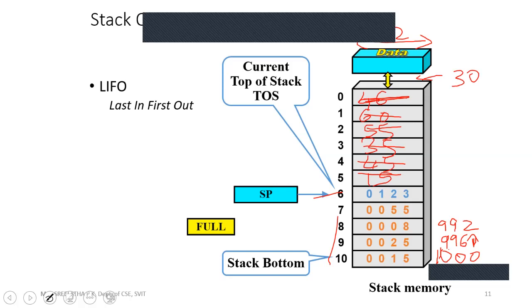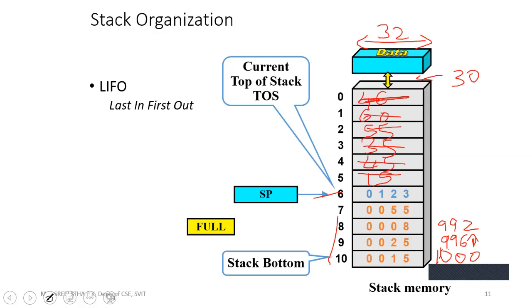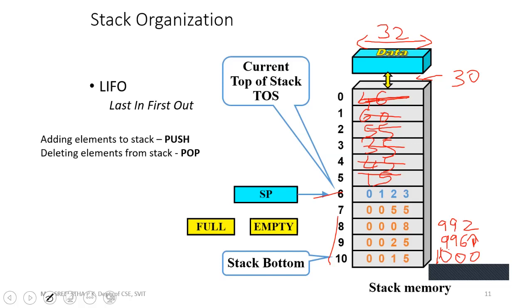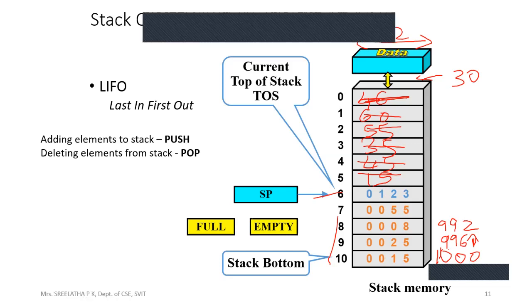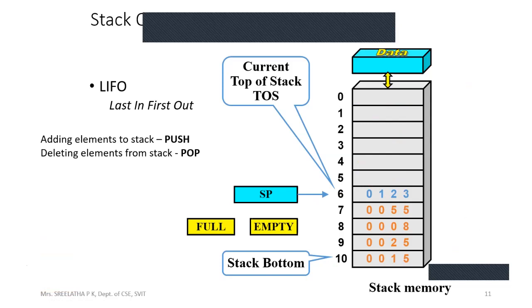One more condition is, suppose I have removed all the elements. I have read all the elements. In that case, there are no elements in the stack and the stack is said to be empty. So there are two operations which happen in the stack: adding elements to the stack is called push, and deleting elements from the stack is called pop.